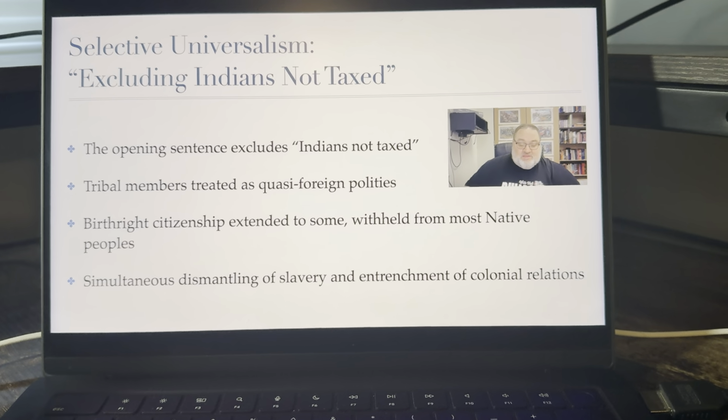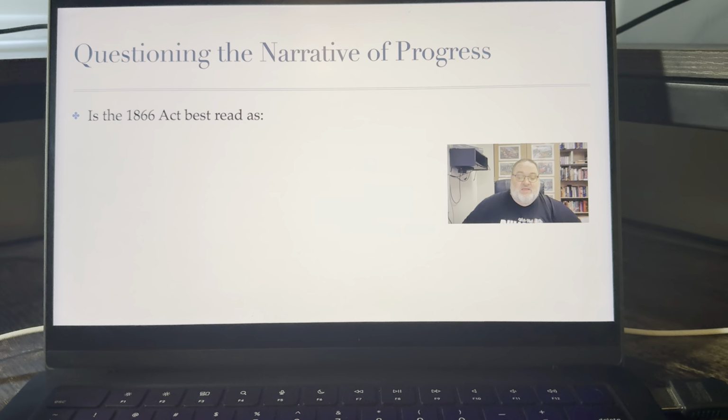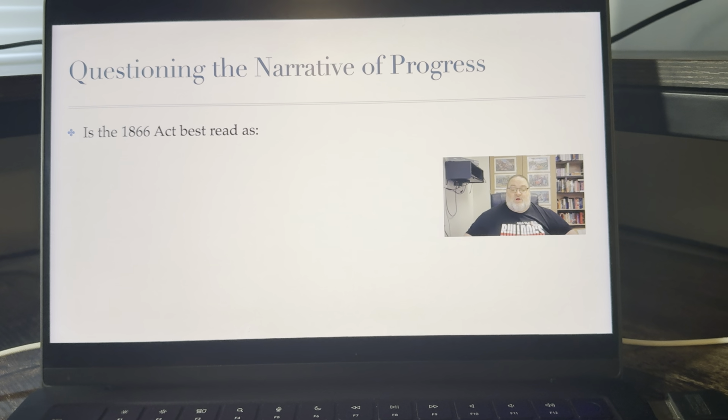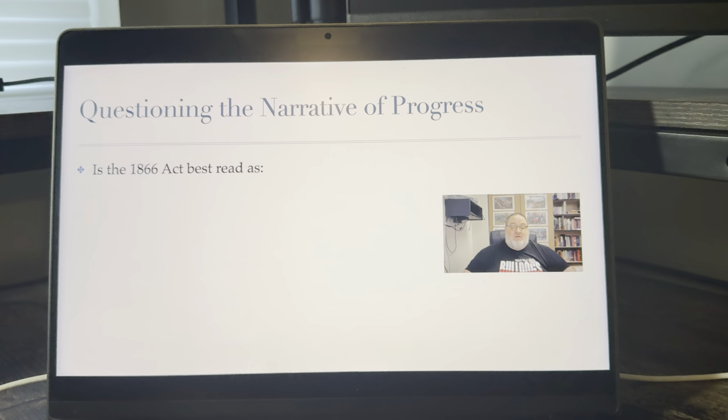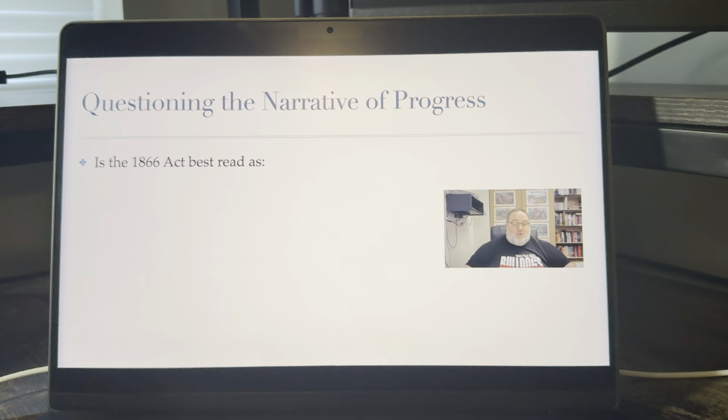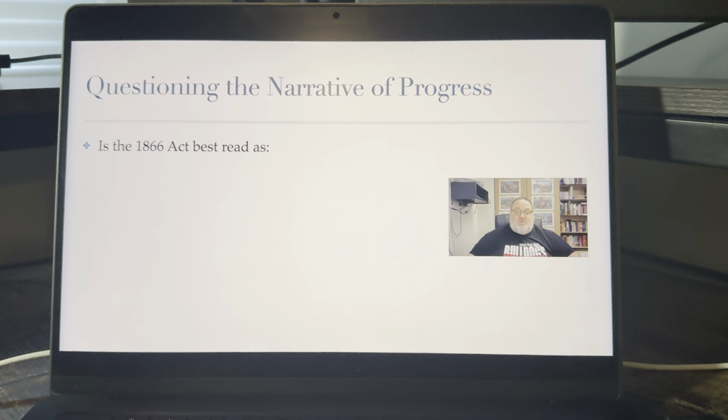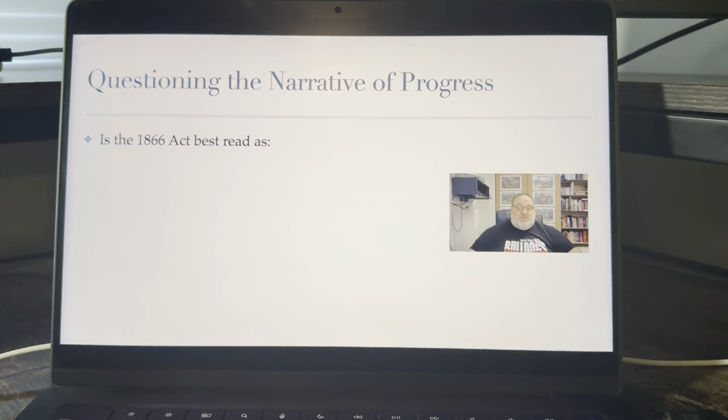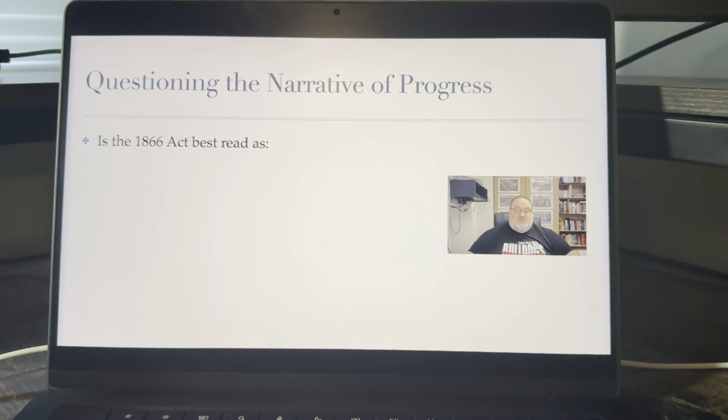Before we move back to black codes and enforcement, I want you to sit with this tension for a moment. One way to frame this slide is a challenge to the linear story of progress. If we narrate the Civil Rights Act of 1866 only as a heroic breakthrough for racial equality, we risk ignoring the groups that it continues to marginalize or exclude. So I'd like you to think about these questions.